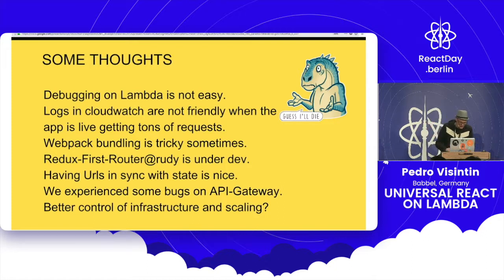There was a bug. And this provided us a better control of infrastructure and scaling because we're using Terraform as infrastructure as code. That's why we are not using the serverless framework that does all the deploy to Lambda automatically.